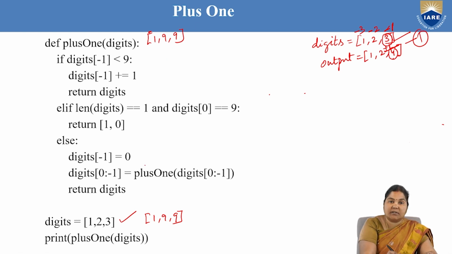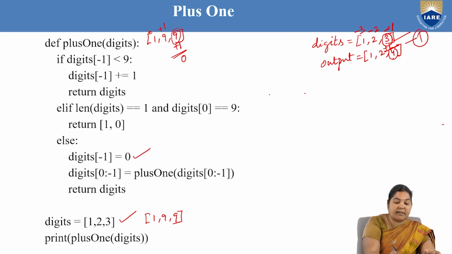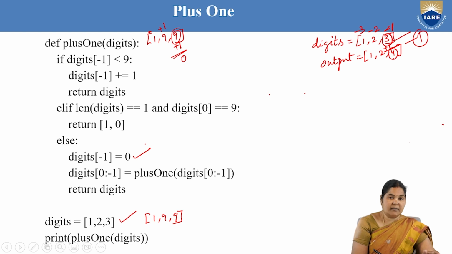No. Now coming to the third one. If it is 199 plus 1, it will generate a 0. 9 plus 1 becomes 10, it will be 0 and the carry will be 1. So at this location, you have to change it to 0. So digits of -1, I will make it 0.